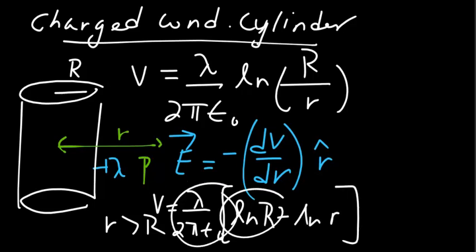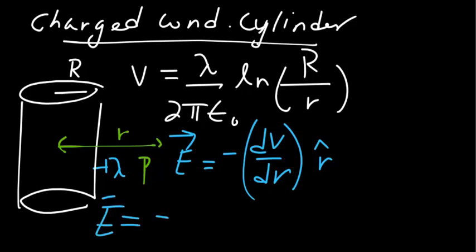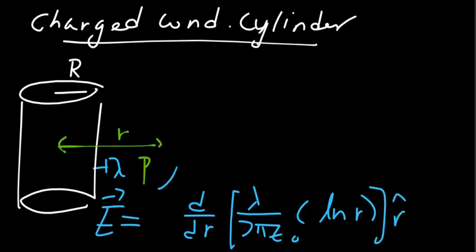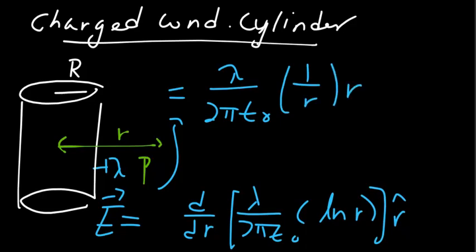So this times that is a constant. When you take a derivative of that with respect to little r, it will just get 0. So to compute the electric field, you have to do the following derivative: d/dr of lambda over 2 pi epsilon naught times minus natural log of r, in the r hat direction. So this will cancel that, giving you an expression of the following form: 1 over r, r hat. So that is the electric field at point P.